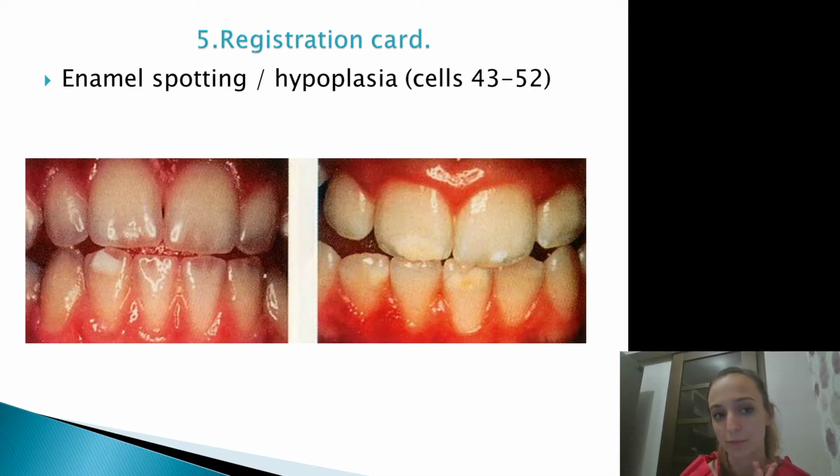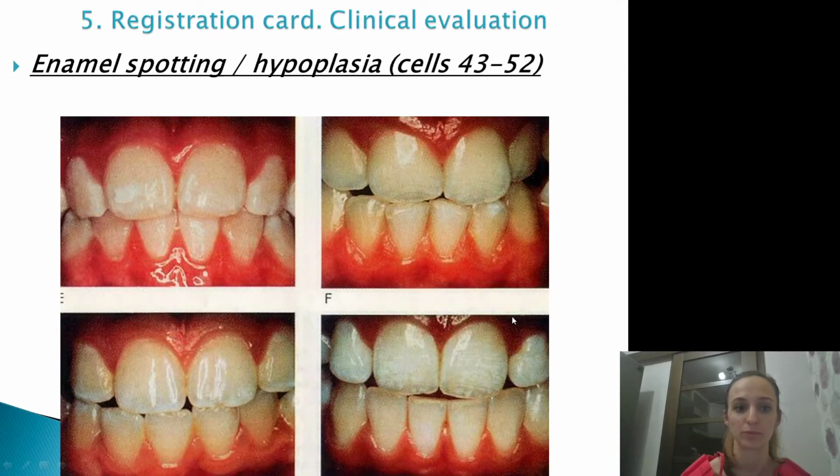Registration card, please look at these pictures. You can see enamel spotting and hyperplasia. These are cells 43, 52 in the registration card. Please look, these are white spots. It is hyperplasia of enamel. Registration card, clinical evaluation, enamel spotting.